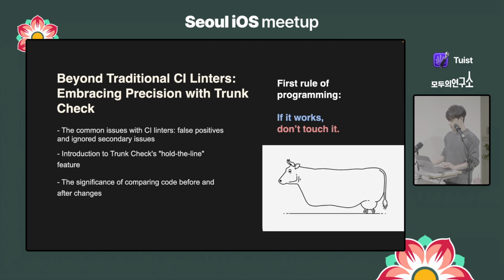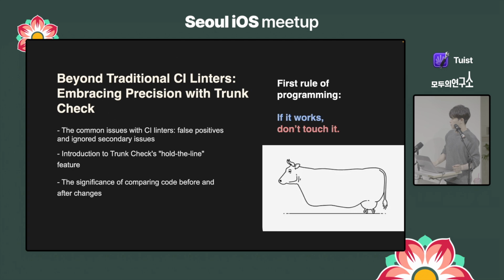The key principle here is acknowledging the interconnectedness of code. A single line change isn't isolated. It ripples across the code base. Hold the line honors this reality, focusing on the actual issues you can introduce. This feature is a core part of trunk check.